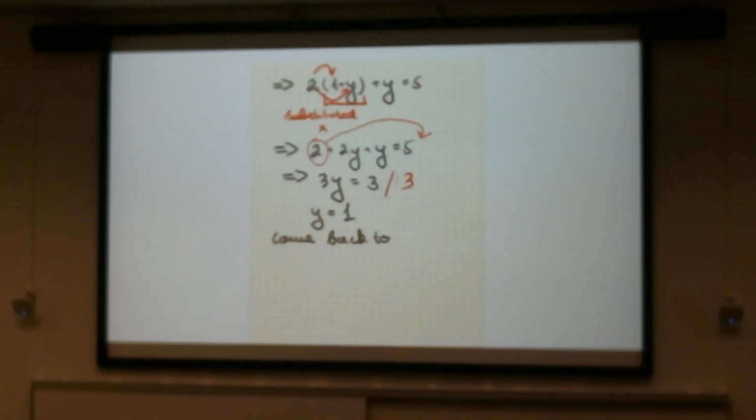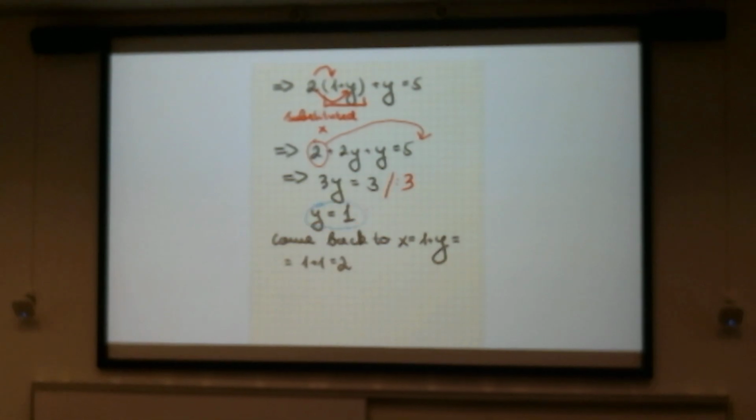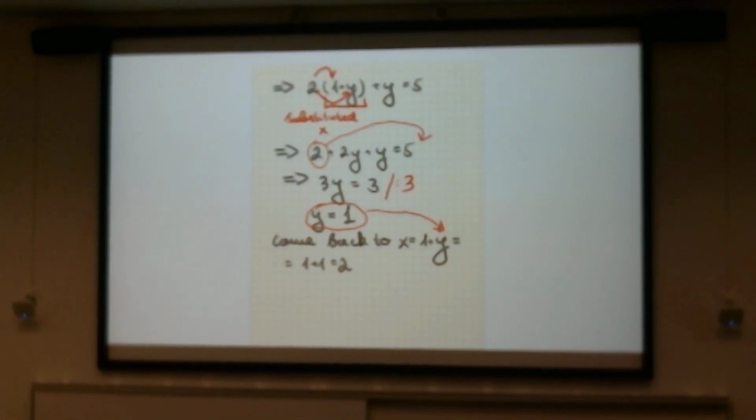So come back to x equals 1 plus y. And then we just insert y. So it's 1 plus 1 equals 2. Right? We just take y that we have solved for and substitute in right here. And then it gives us 2.